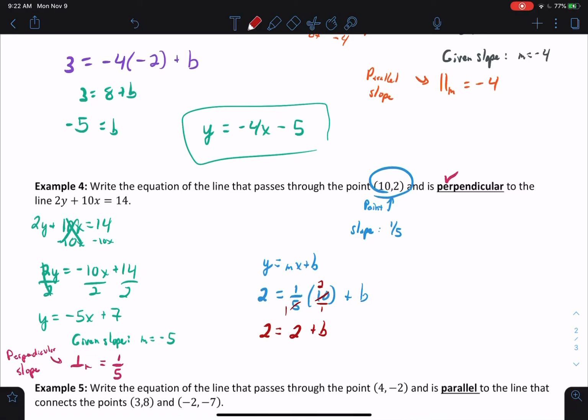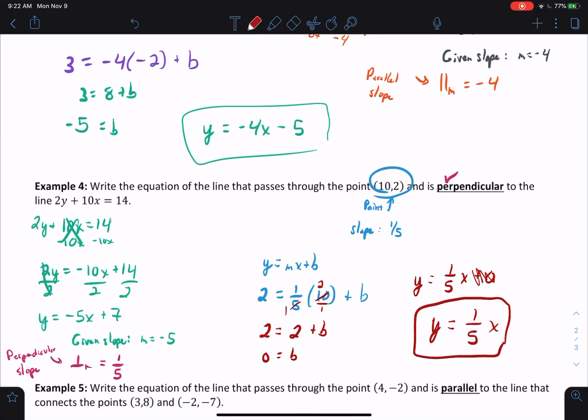So we get 2 equals 2 plus b. Subtract 2 from both sides, and b is going to equal 0. So the equation of my line is y equals 1/5 x plus 0, but we don't need to write that part, so we're just going to say y equals 1/5 x. This is perpendicular to my given line.